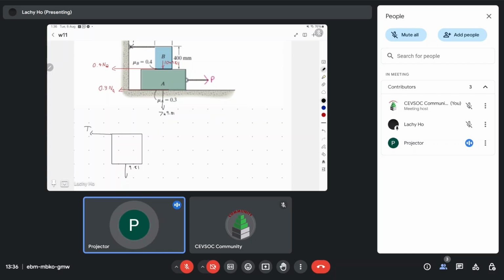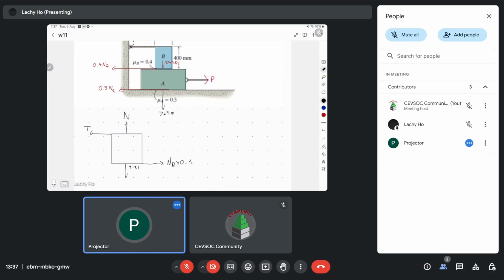How can we explain this? Relatively speaking, if the ground is moving to the right, block B itself is moving to the left. And so if block B is trying to move to the left relative to the ground, friction is trying to resist this force. So friction actually goes to the right on this block, which is a force of NB times 0.4.